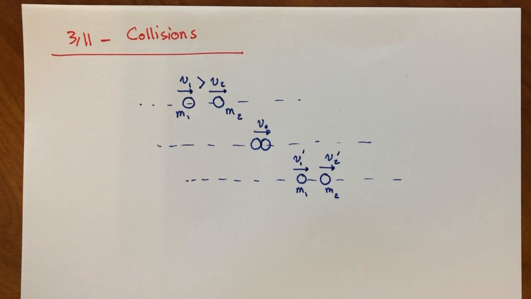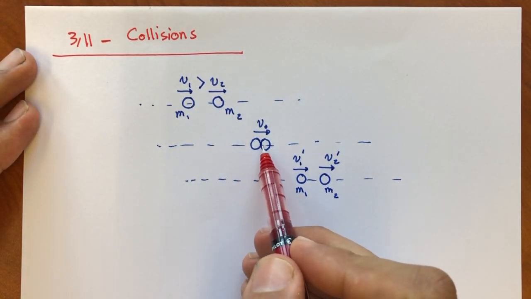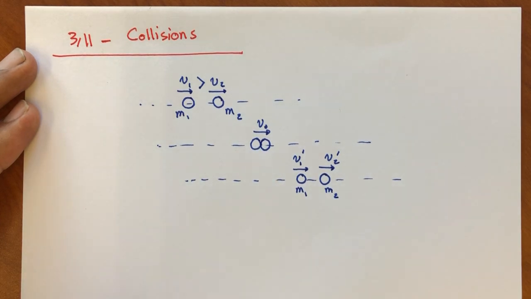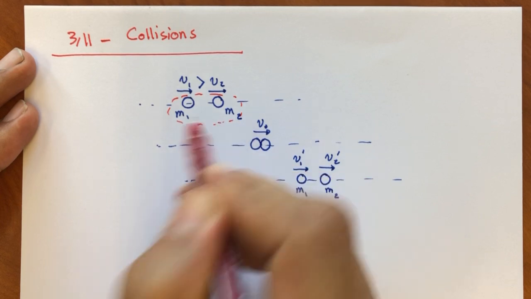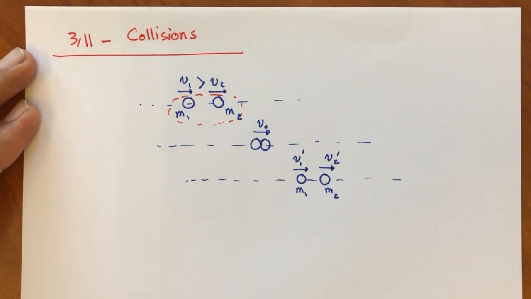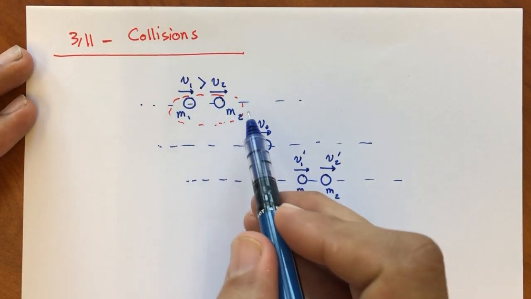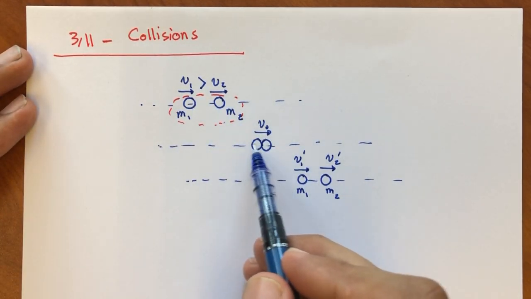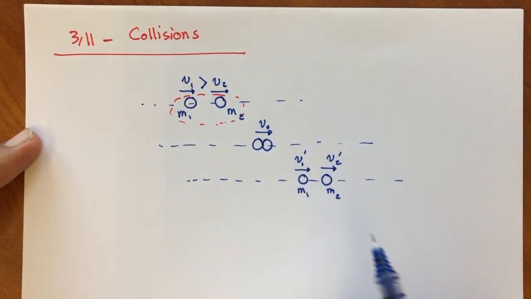So if you look at this system, when these two are colliding with each other, there's going to be some impact force between these two. If you consider both of these masses together as one system, then those impact forces are going to be internal forces. So if you look at both of them together, the impact force is going to be internal force, and we have no other forces from outside.